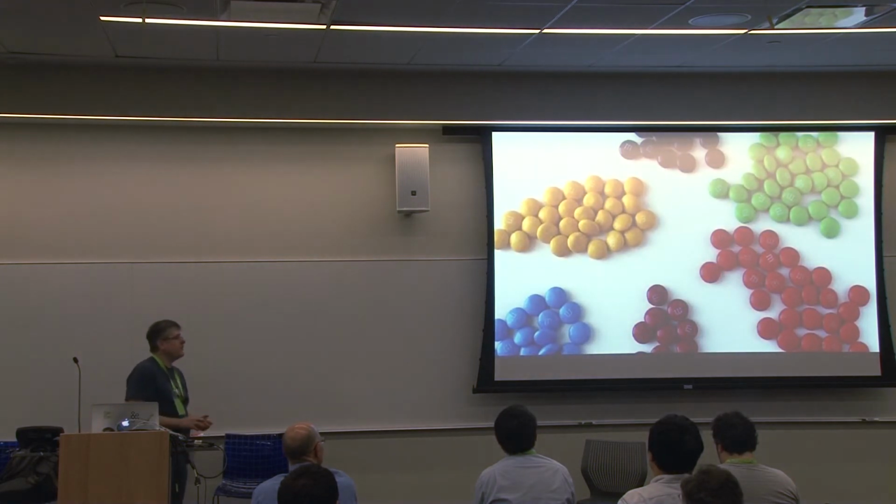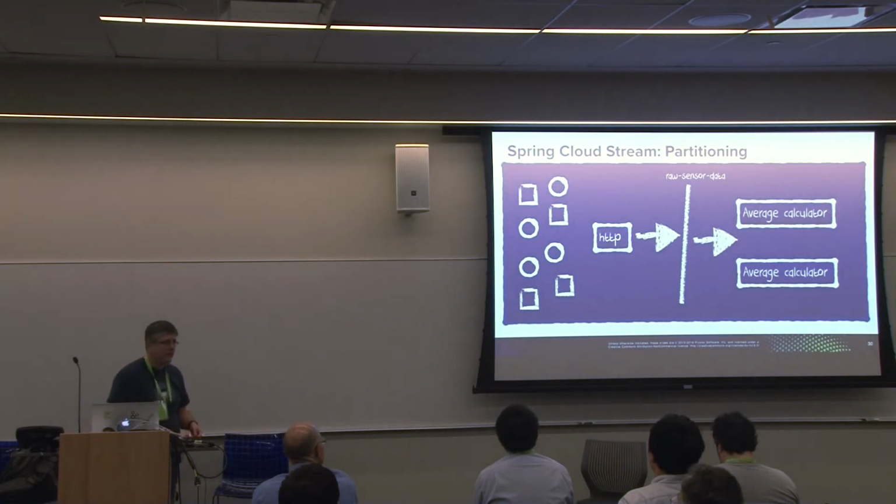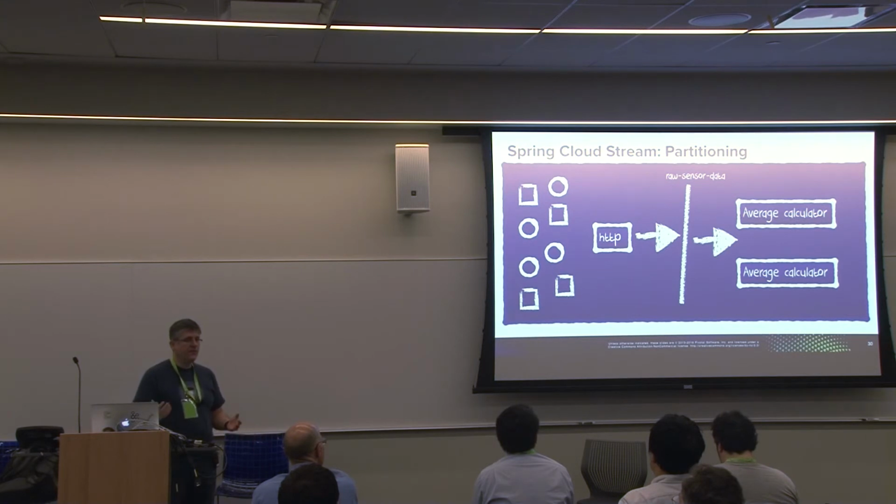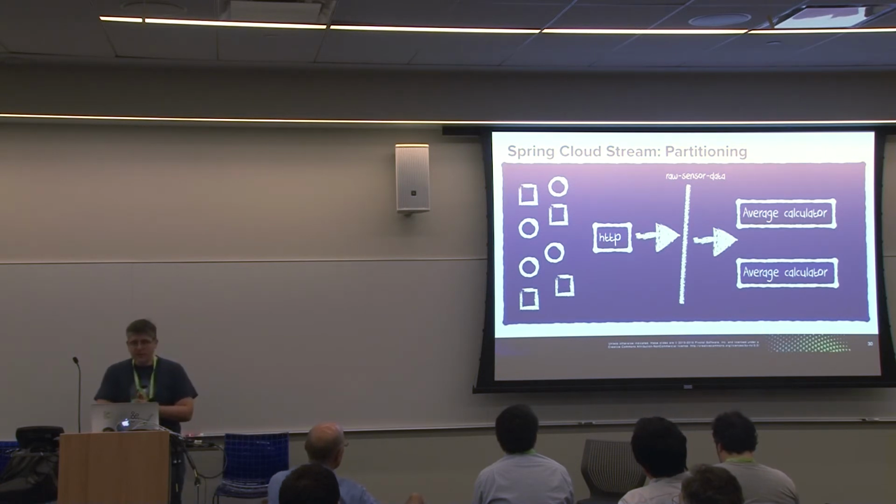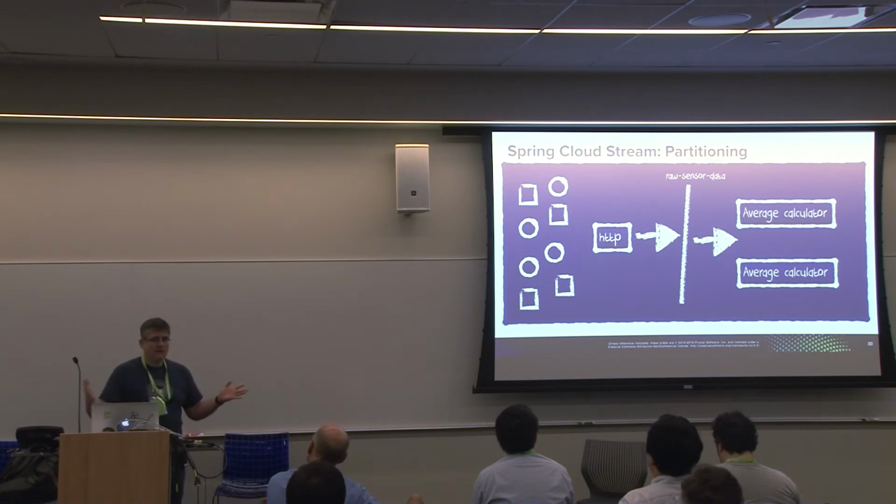The other problem that we have thought about, as a high-level primitive, is partitioning. Especially when you do stateful processing, the fact that you have competing consumers is not enough. Imagine that we calculate the average value of a sensor over time, right? Data from different sensors may land in different instances.